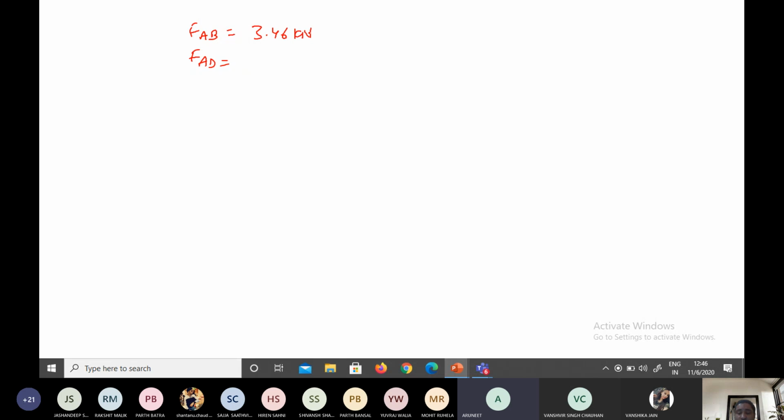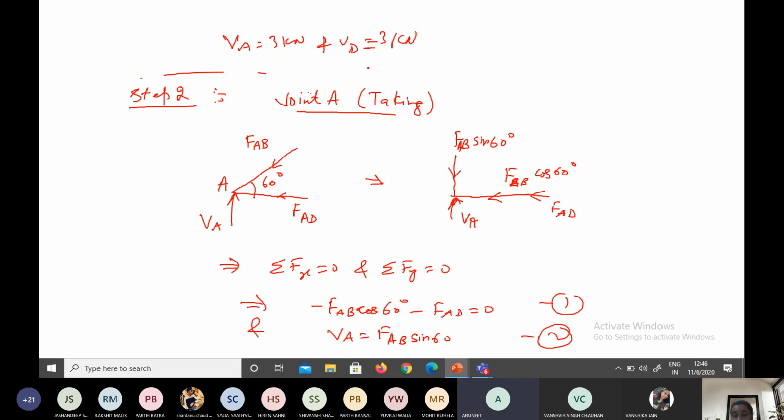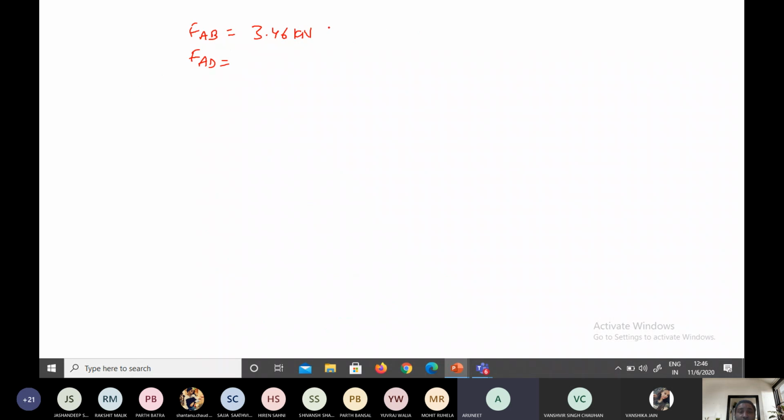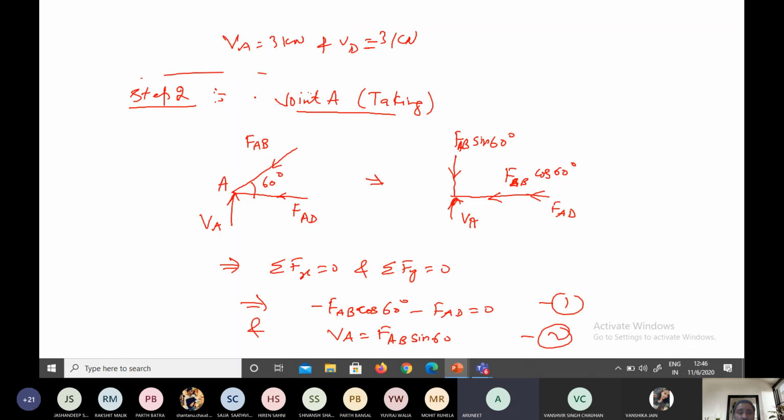What is the direction? Positive or negative? Positive. FAB is positive. Positive means what I have told you. If it is positive, then we have to take the sign as compressive. What is FAD? Minus 1.73.